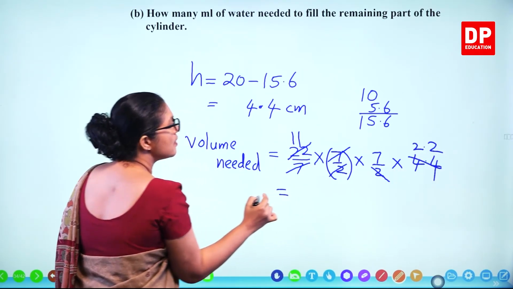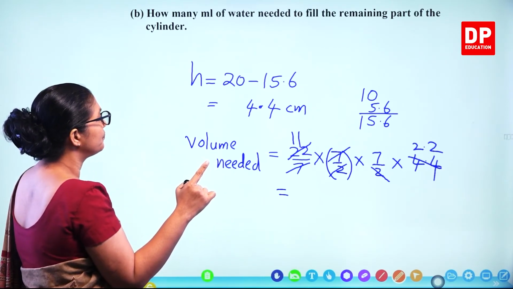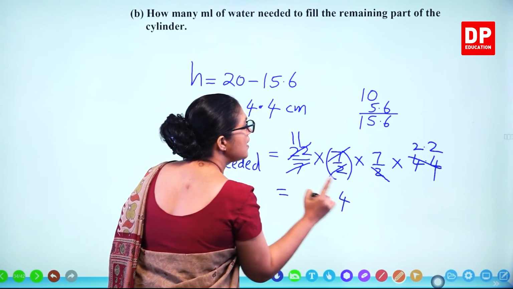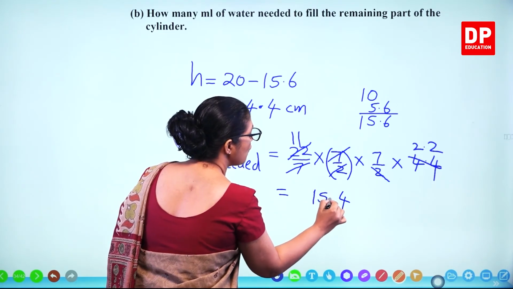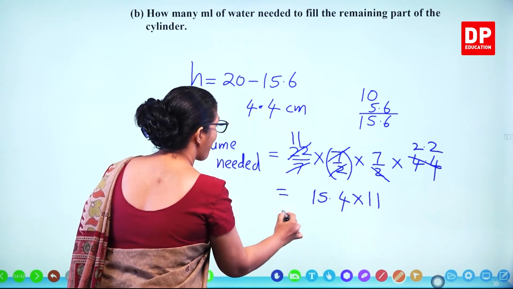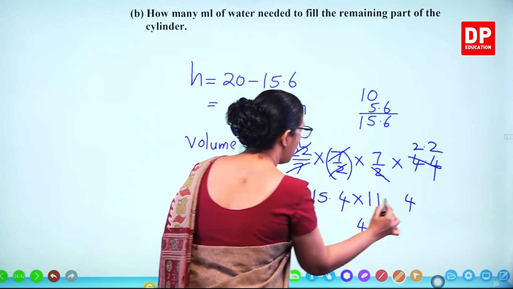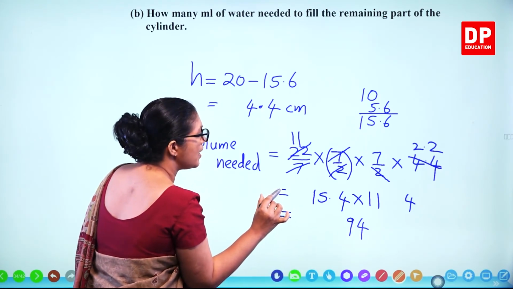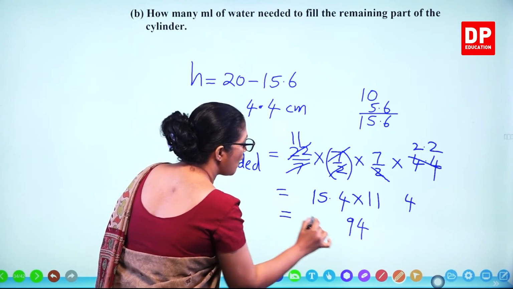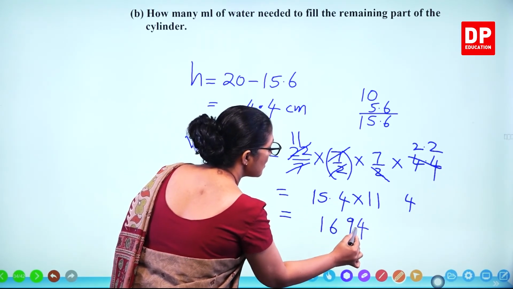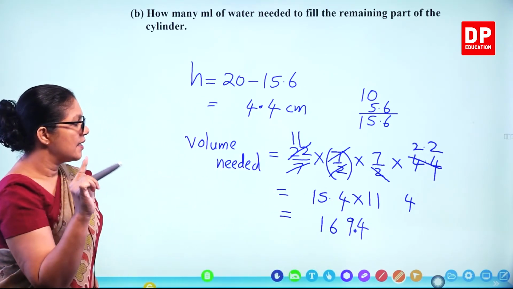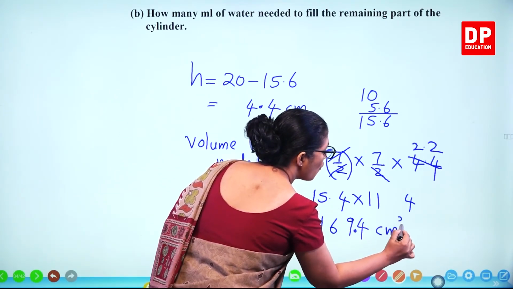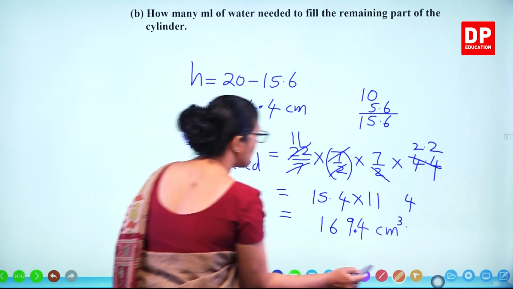So 7 into 2.2, that's 7 times 2, 14, plus 1, 15.4 into 11. 11 times 4, 44. 11 times 5, 55 plus 4, 59. 5 remaining. 11 times 1, 11 plus 5, 16. So when you put one decimal point place here, 169.4 cubic centimeter of water is needed to fill the empty space.